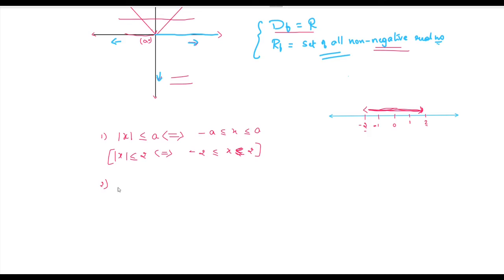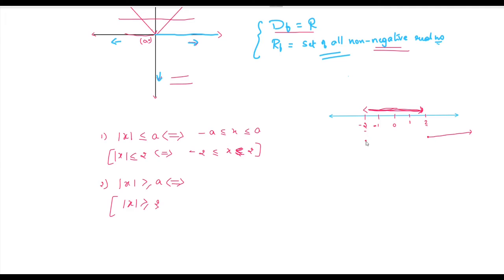Now, in the second case, when mod x is greater than or equal to a, let us consider mod x greater than or equal to 2 only. What is the meaning? Distance of x from 0 is greater than or equal to 2. When is the distance from 0 greater than 2? Definitely, if the x value lies here, then the distance of any x in this case from 0 will be definitely more than 2.